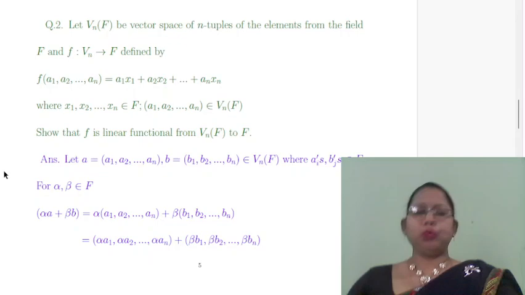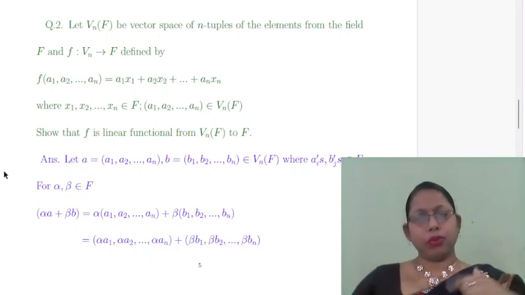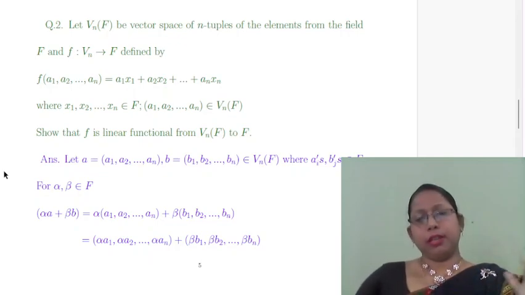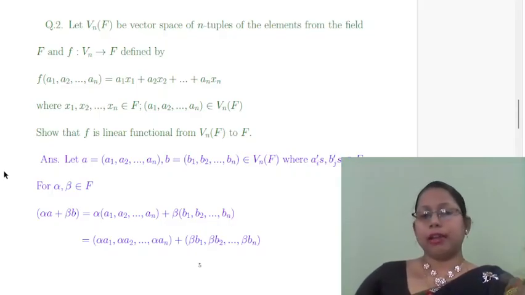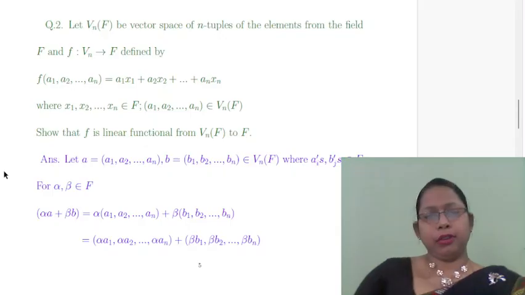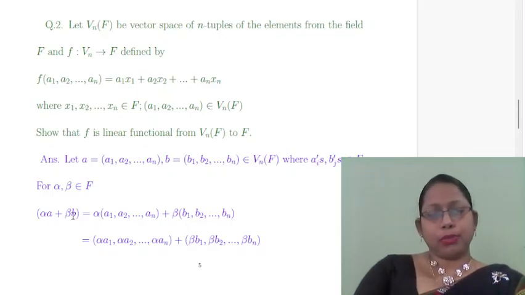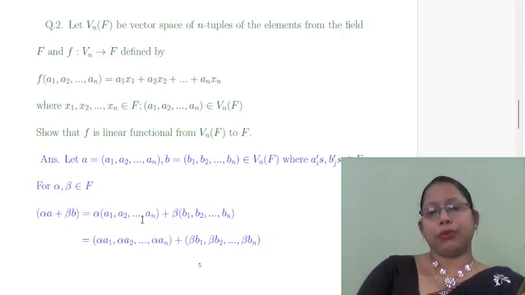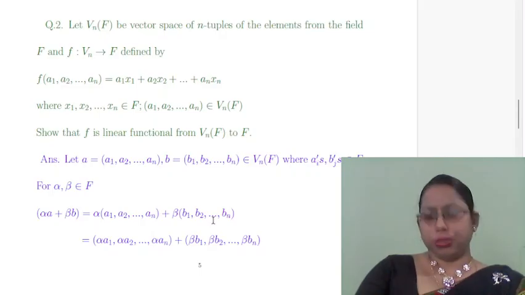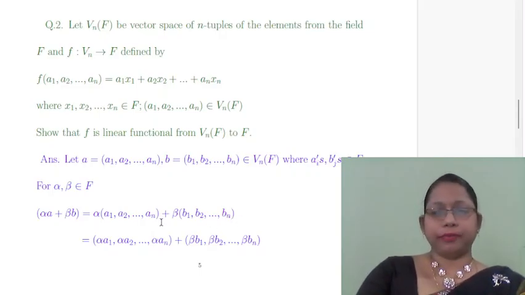We consider two elements a equal to (a1, a2 up to an) and b equal to (b1, b2 up to bn) be two elements of Vn(F), where ai's and bi's belong to the field F. For any two scalars alpha, beta, their linear combination alpha a plus beta b is equal to alpha (a1, a2, dot dot dot an) plus beta (b1, b2, dot dot dot bn).